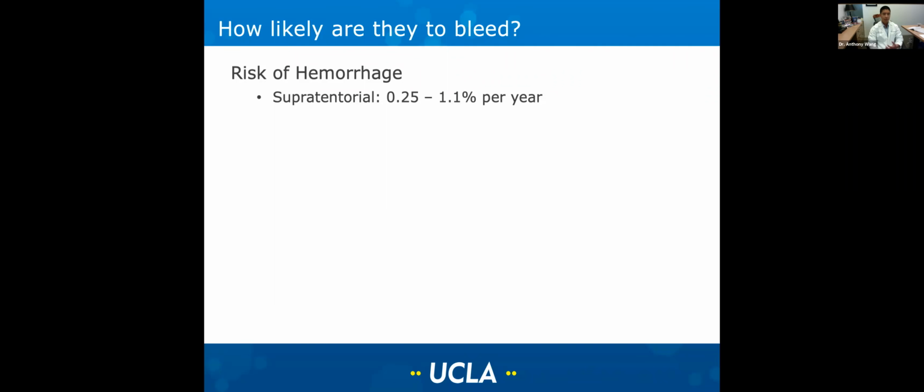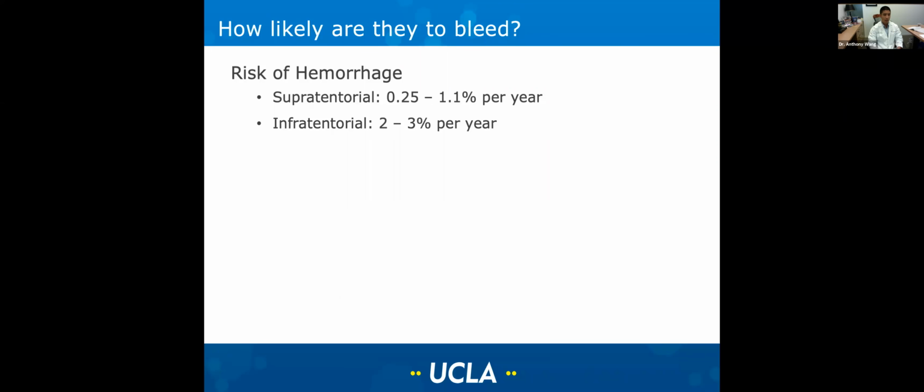And when you're estimating a lifetime risk of hemorrhage, that's additive. And then in the infratentorial, in the cerebellar or brainstem locations, the risk is slightly higher, but still on the whole, quite low, 2 to 3% per year.